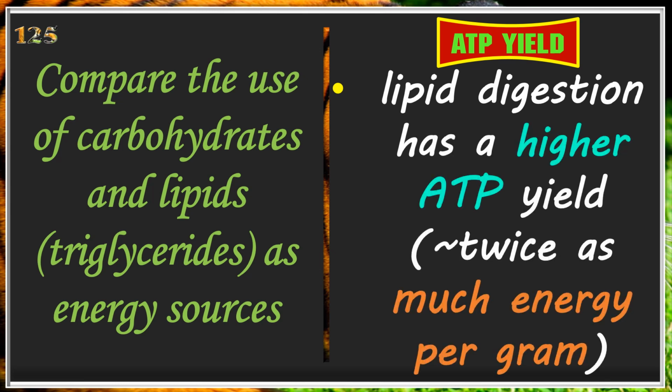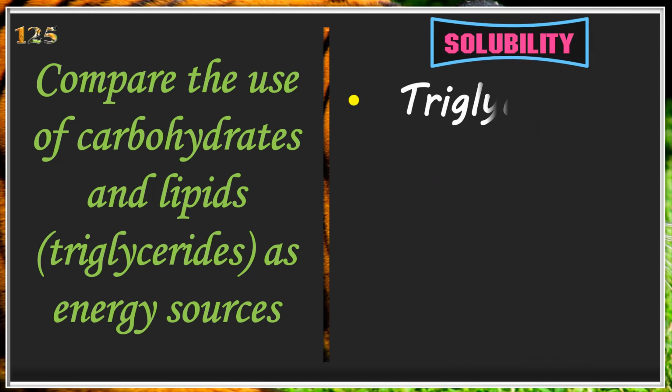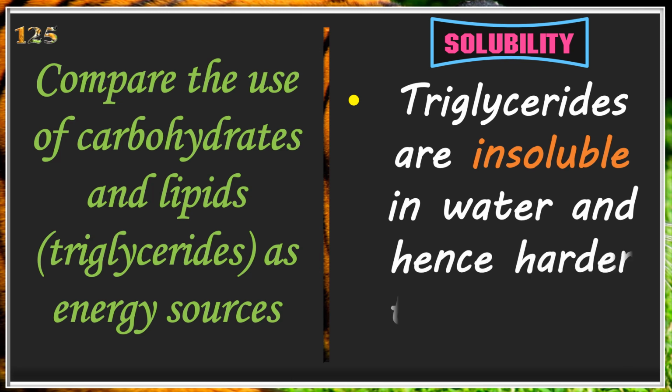Lipid digestion has a higher ATP yield, that is approximately twice as much energy per gram. Solubility. Triglycerides are insoluble in water, and hence they are harder to transport.